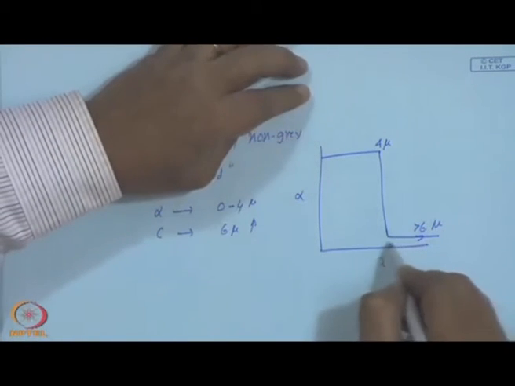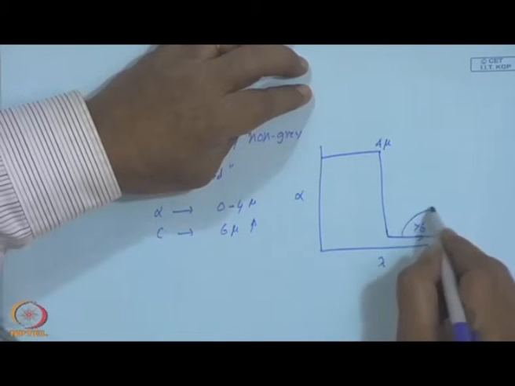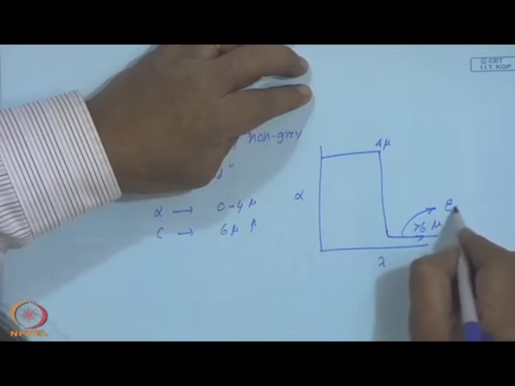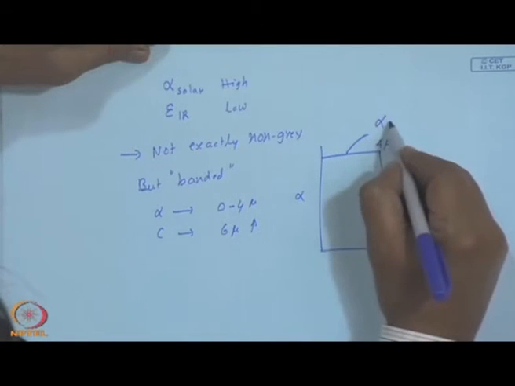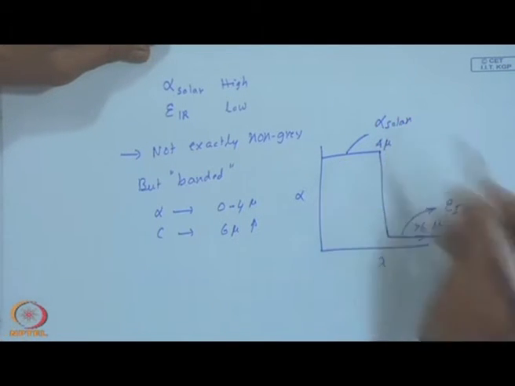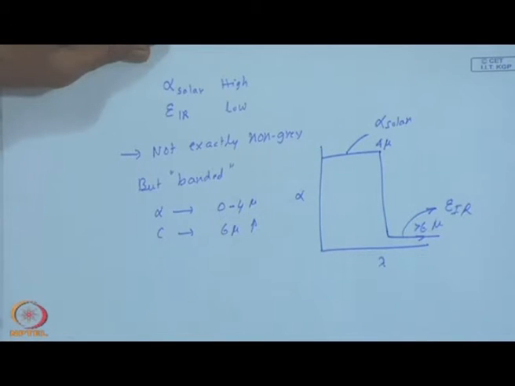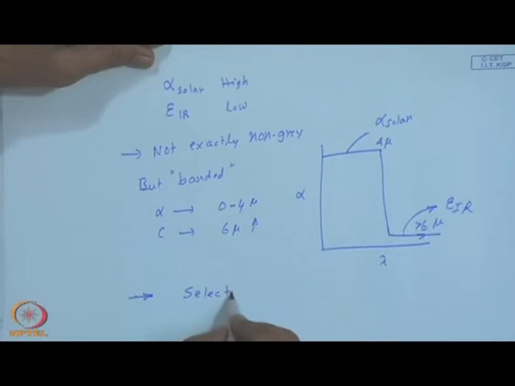So, alpha is equal to epsilon is satisfied, but this is my epsilon IR responsible for the losses. This is my alpha solar responsible for absorption. So, such surfaces, though they are dependent upon the wavelength, they are dependent upon two bandwidths separately, they are termed selective surfaces.